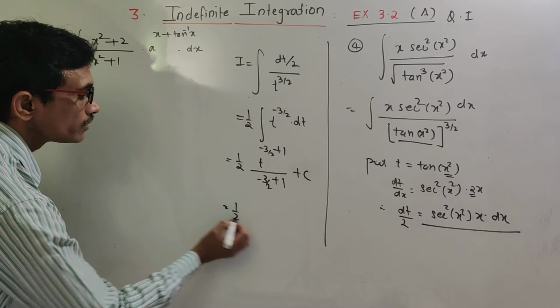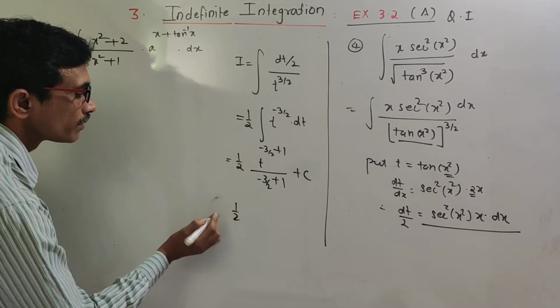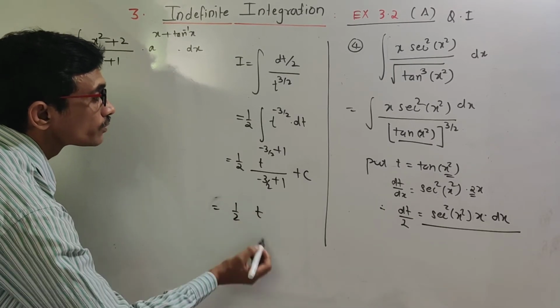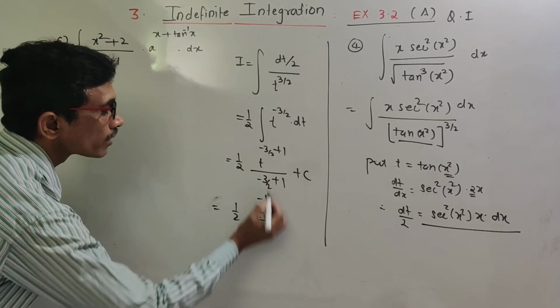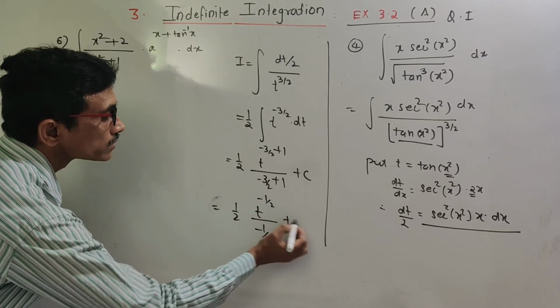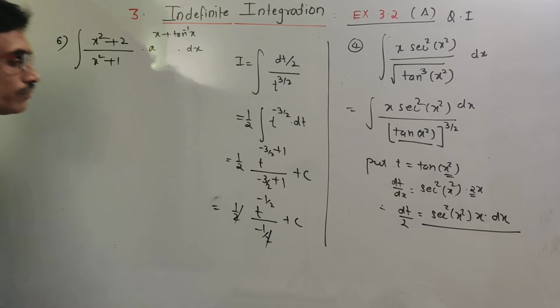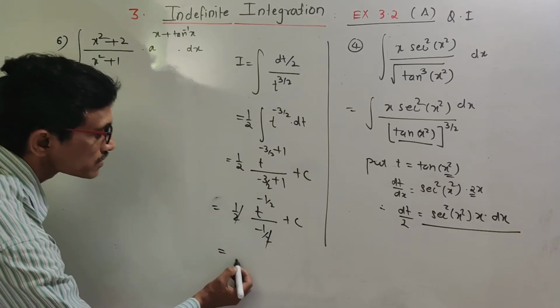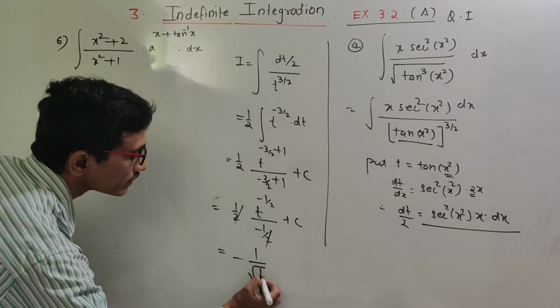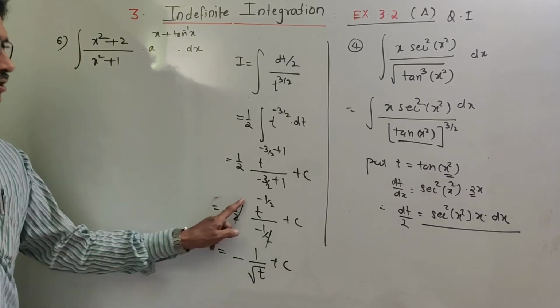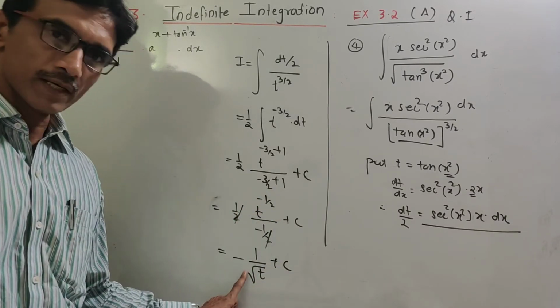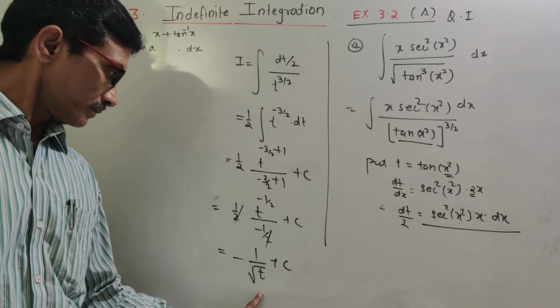This will be 1 by 2 t raised to power minus 1 upon 2 upon minus 1 upon 2 plus c. So this 1 by 2 will get cancelled and it is minus 1 upon root t plus c. T raised to power minus 1 by 2 will go in the denominator, which is root of t.